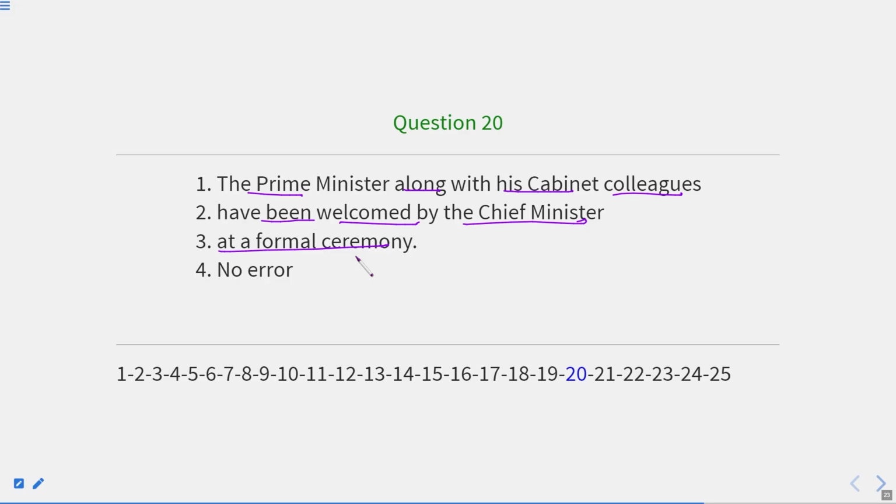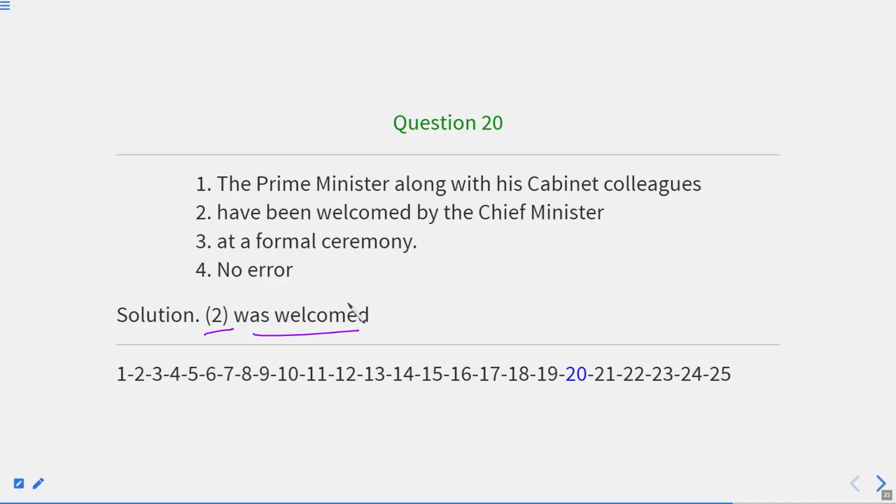If we are connecting two subjects with any of these conjunctions, we will use the verb according to the first subject. Therefore here the answer will be second, where was welcomed should be the correct verb to be used. So this have been should be replaced with was.